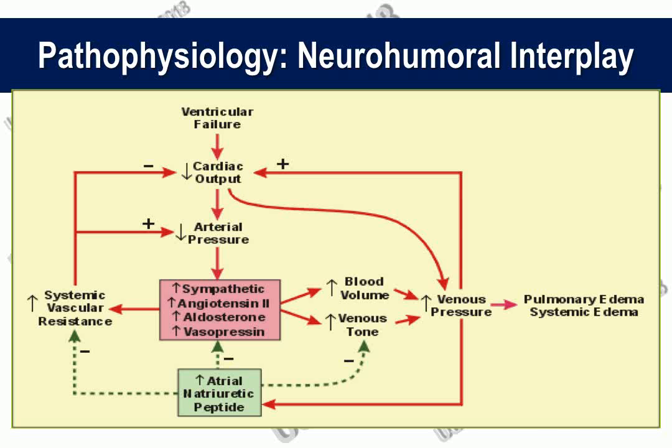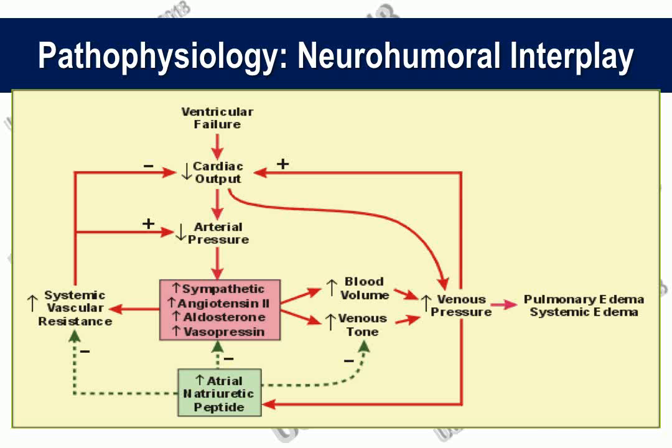And this involves interplay of your sympathetic nervous system, your renin-angiotensin-aldosterone system, of course your vasopressin, your natriuretic peptides, all of these contributing to derangement in your vascular resistance, the blood pressure and cardiac output, also causing changes in your blood volume, venous tone, and venous pressure. And of course, the end result is pulmonary and systemic edema.